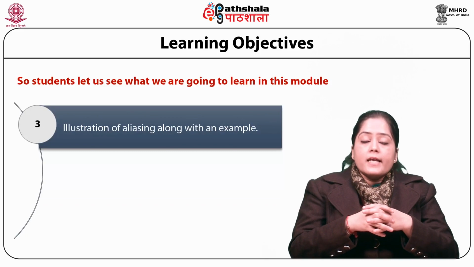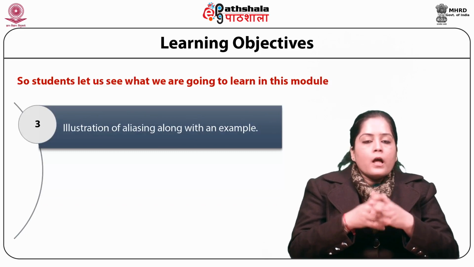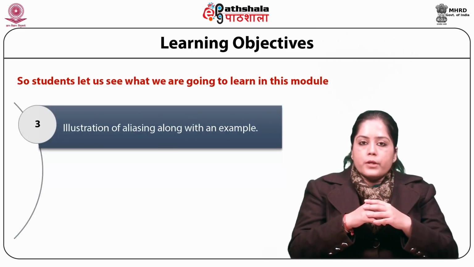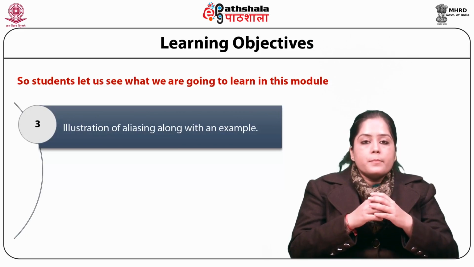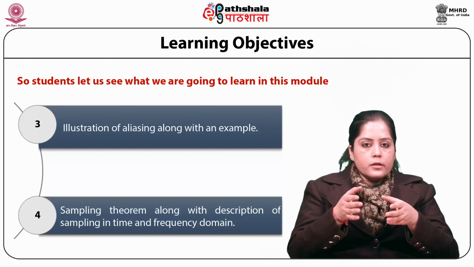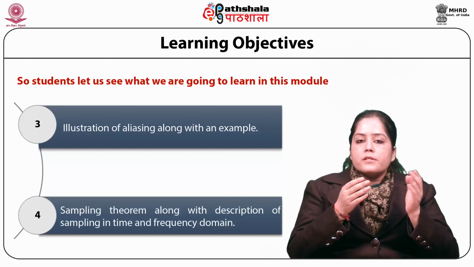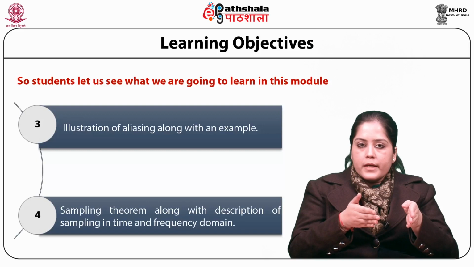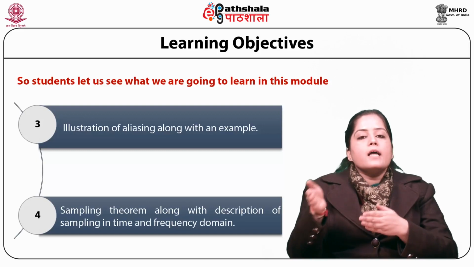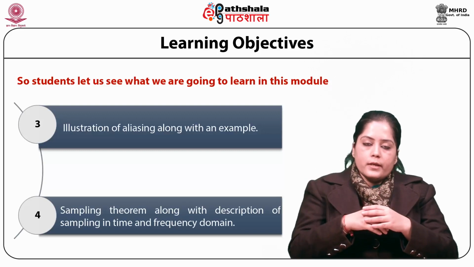Third, the aliasing phenomena along with an example will be illustrated. Next, we will discuss the sampling theorem along with the description of sampling in time domain and in frequency domain. So students, let us start with a basic introduction about the module.